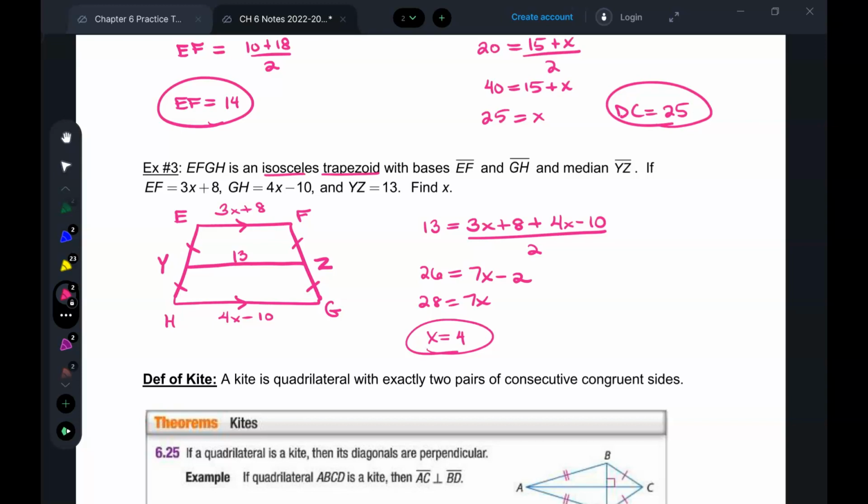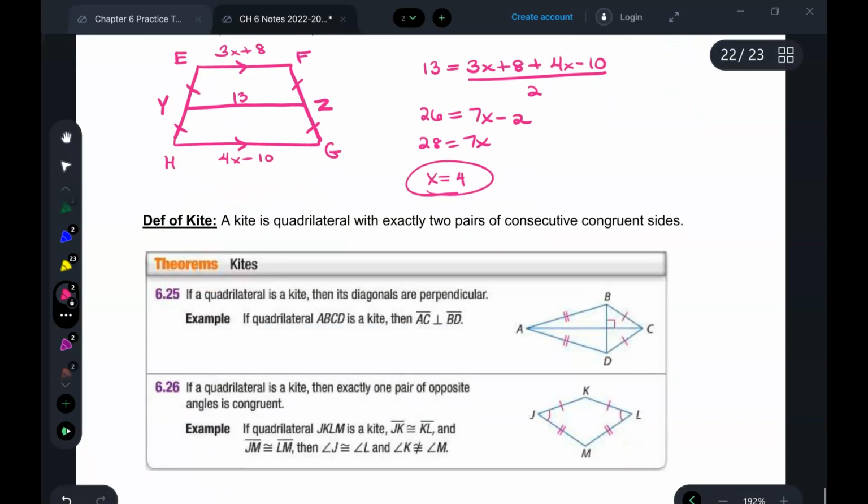Lily, you did 3x. If you add it, you subtract. I got x equals 4. Yes, 4. Yay. Okay, good. X equals 4. Ariel, you good? Yes, X equals 4.